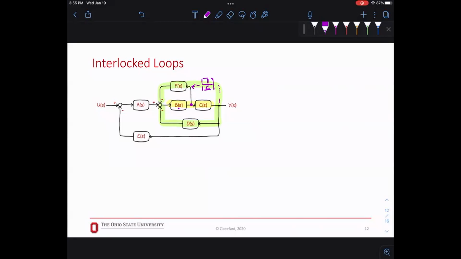Now I can combine them. This is F/c. This one is BC. This one is D, right? Minus. So now I know these 2 are in parallel. So for parallel, I can add them, right?